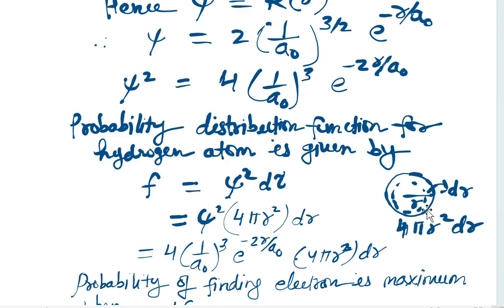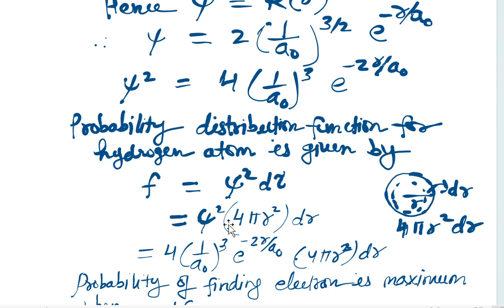Then the volume element is the volume of a spherical shell of thickness dr. What is the volume of this spherical shell? That is the surface area of the shell, 4 pi r square, into the thickness of the shell, that is dr. So 4 pi r square dr becomes the volume of this volume element.